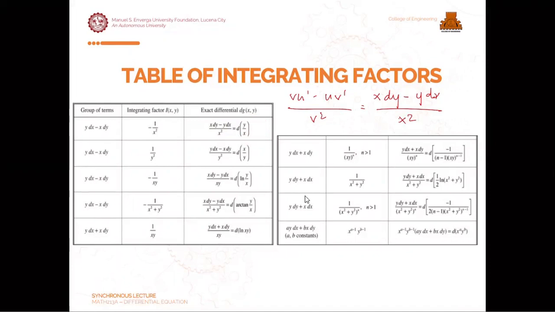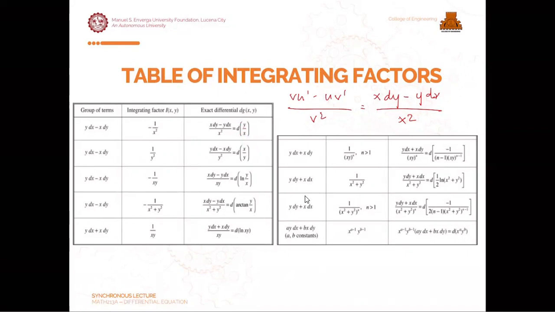Okay? Which is, yung kabaliktaran lang, no? So, ito yung meron halimbawa tayo sa given, ito yung minultiply natin na integrating factor. So, yung original equation niya, yung differential niya, so, ito, y over x.